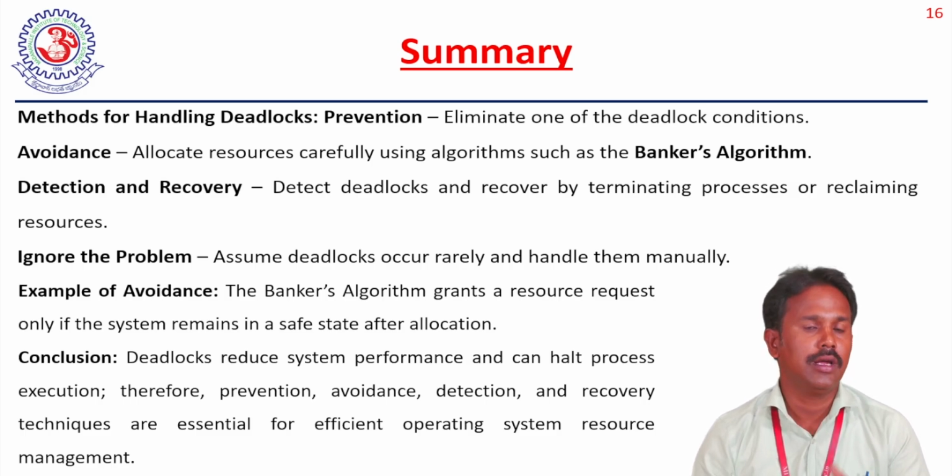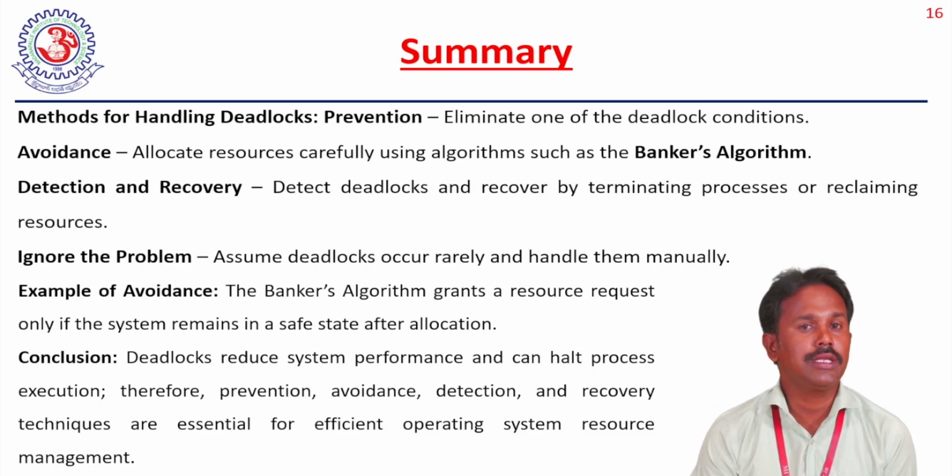Avoidance means we have two methods. By using the algorithms, we can avoid the deadlock: Banker's algorithm, safety algorithm, as well as resource request algorithm, as well as resource allocation graph. Deadlock detection and recovery: we have to detect the deadlock, we have to find where it is. Then we can resolve the deadlock by using the methods called single instance of each resource type and multiple instances of each resource type.